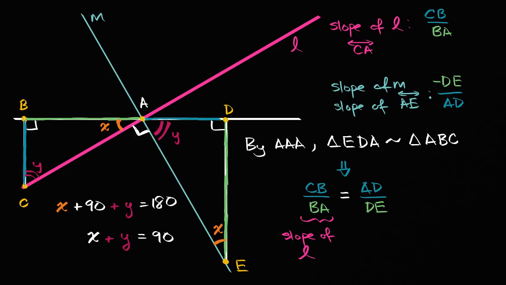So we could write this as the negative reciprocal of M's slope. And there you have it. We've just shown that if we assume these L and M are perpendicular, and we set up these similar triangles, we were able to show that the slope of L is the negative reciprocal of the slope of M.